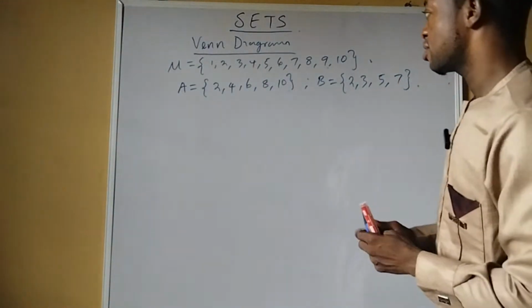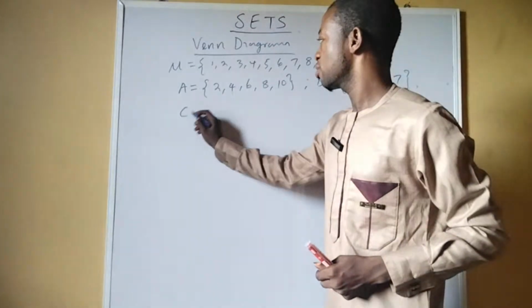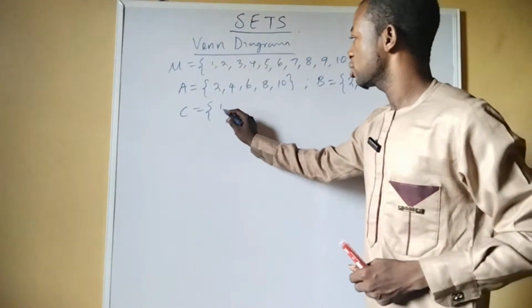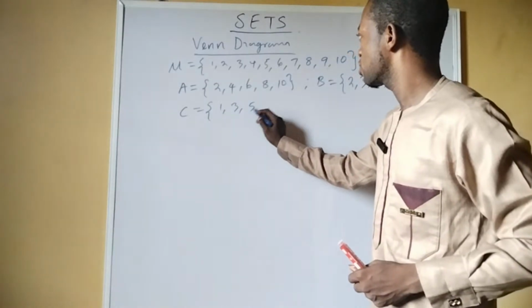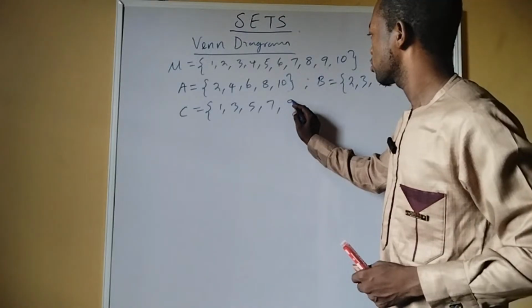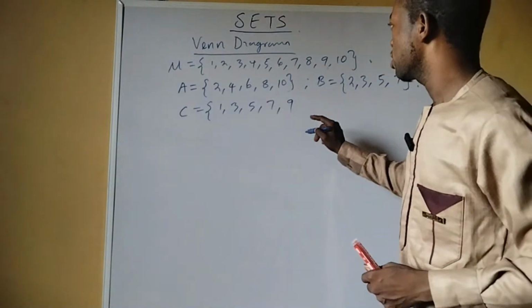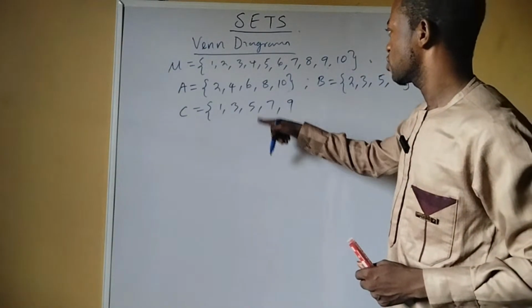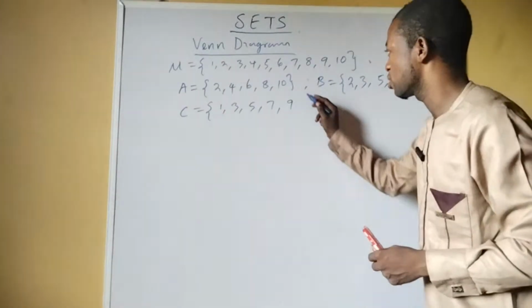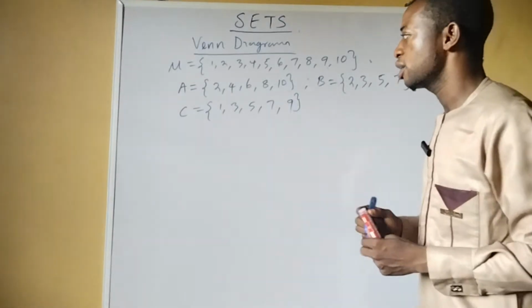If I have set C here and I call it a set of odd numbers, it will be 1, 3, 5, 7, 9. Odd numbers are numbers that are not divisible by 2. That's simply odd numbers, right?